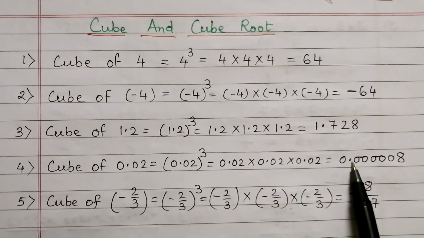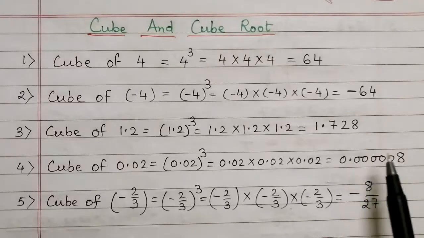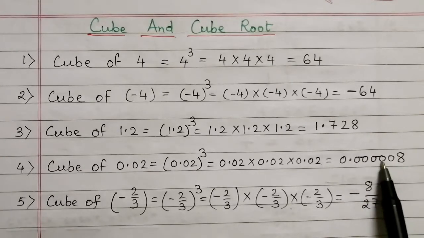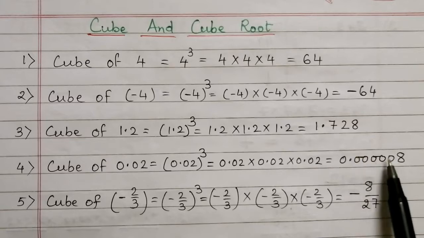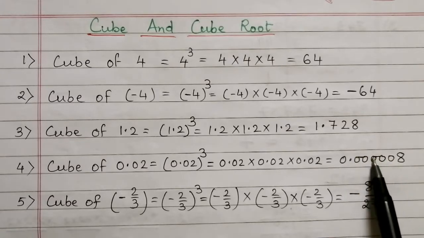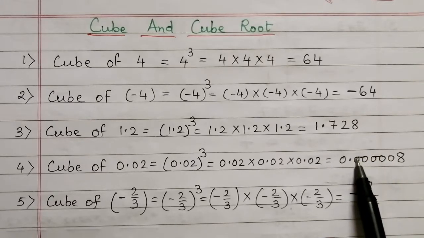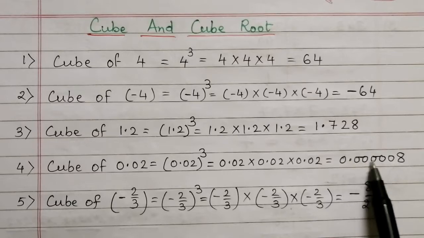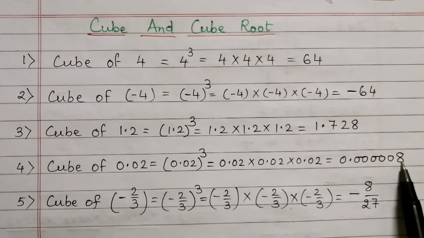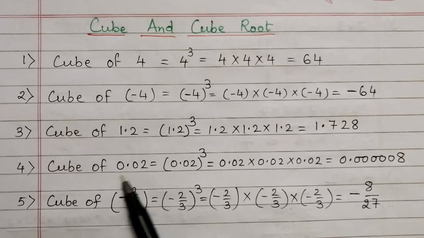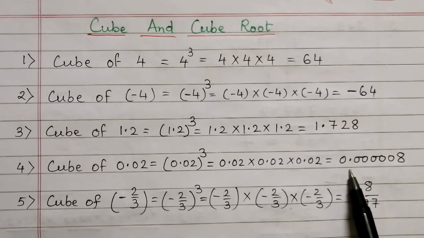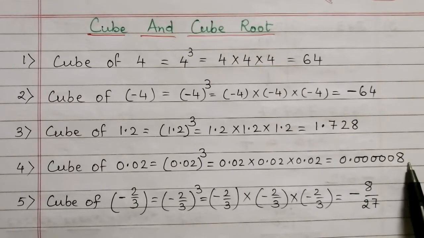So we need 6 digits after the decimal. So 8 is there, but apart from that 5 more: 1, 2, 3, 4, 5. So after the decimal 5 zeros and then 8. So the cube of 0.02 will become this.